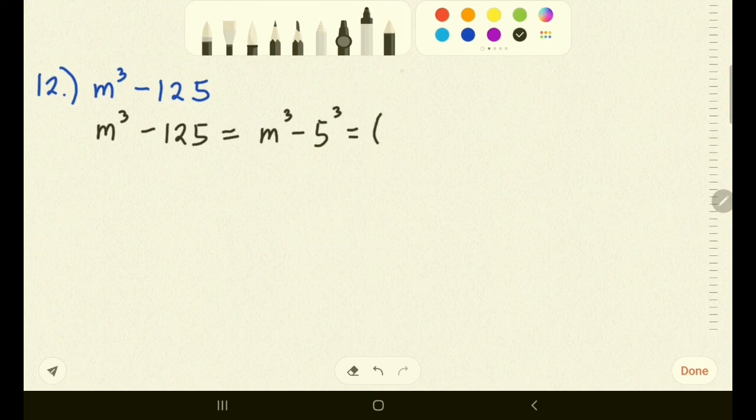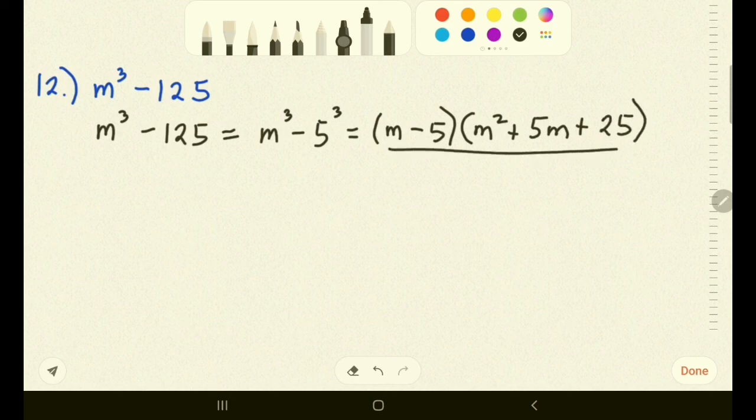Okay, get their binomial factor, which is the base m and the base 5. And then get the trinomial factor, square of m, then multiply the m times 5 to be plus 5m, then square of 5. Square of 5 is 25. Okay, that's it.